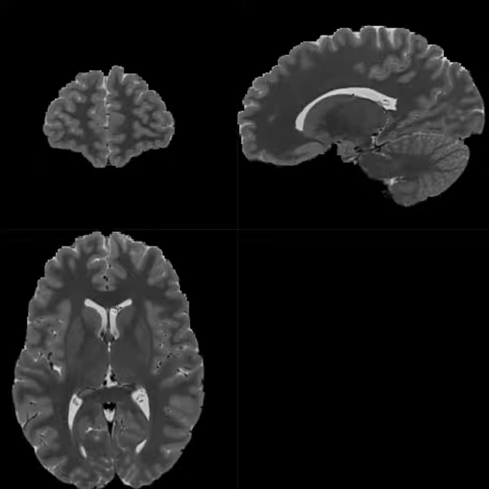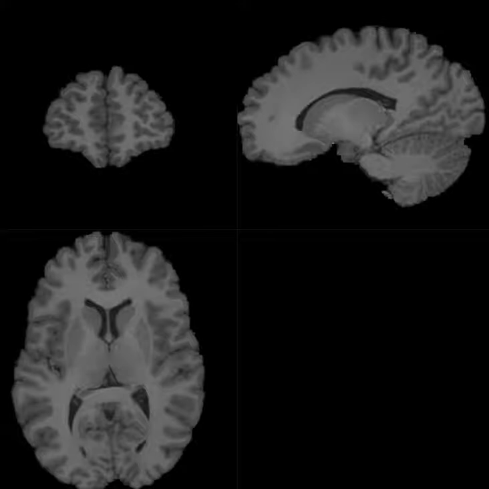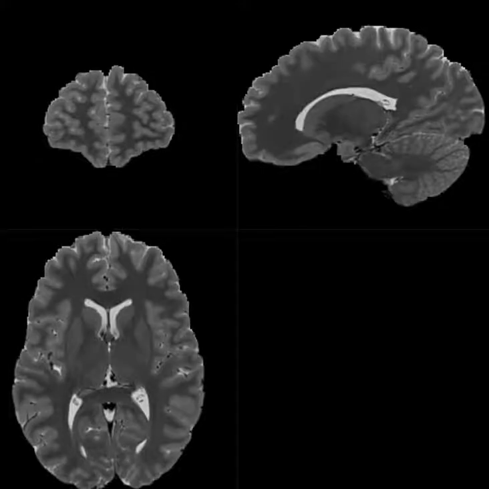So there's much more signal in the ventricles as compared to, say, the white matter, right? And if we do a quick comparison between the T2 weighted and T1 weighted image, in the T1 weighted image, there is no signal in the CSF, in the ventricles. In the T2 weighted image, there is high signal in the CSF, and so it creates a different contrast.